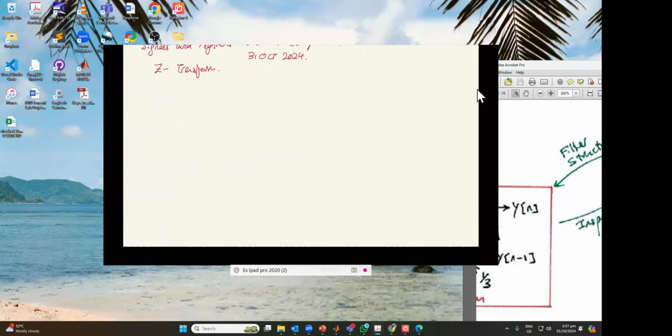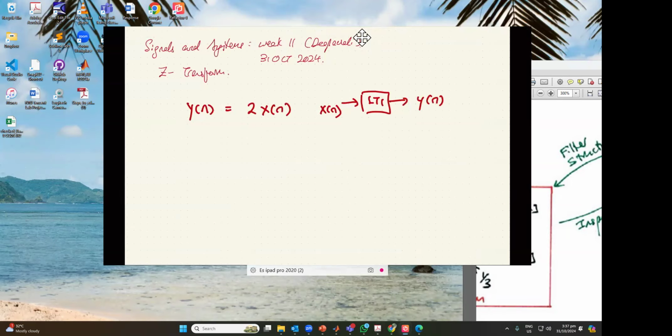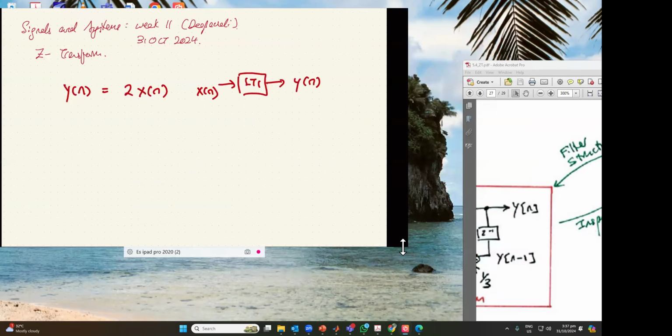Now, let's do the simplest difference equation that we can have. y of n is equal to 2x of n. If this is the LTI system, and this is y of n, and this is x of n, then guys, please participate.